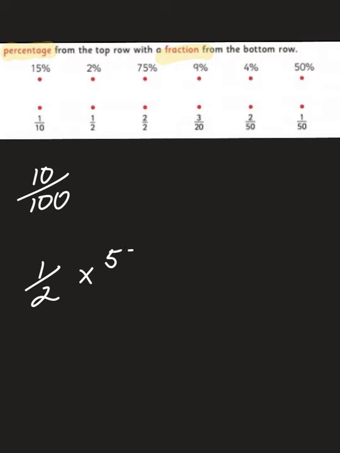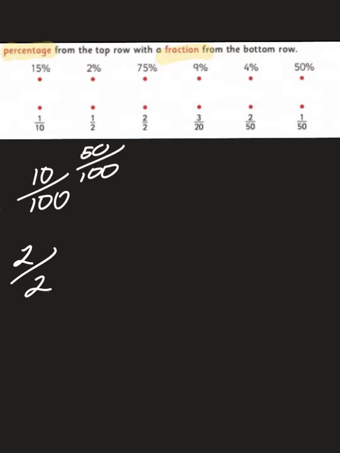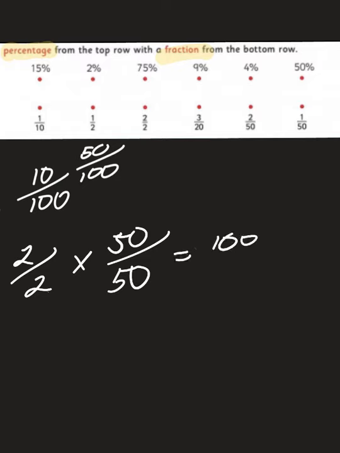A half multiplied by 50 over 50, because we need to get a denominator of 100, is equal to 50 over 100. So we call that 50 over 100. 2 over 2. 2 needs to be multiplied by 50 to get 100, so 50 over 50. 100 over 100 equals 100%.